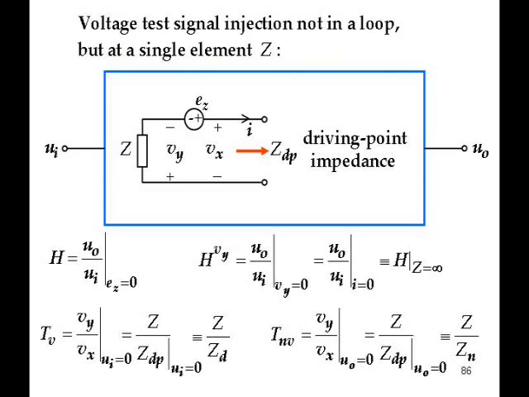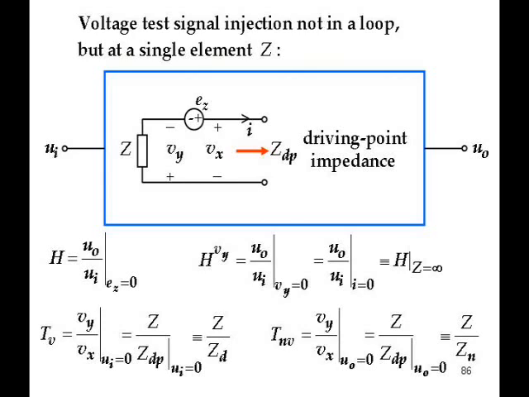So H with Vy nulled is the same as H with Z infinite. If I is 0, the circuit doesn't know what's outside, doesn't know whether there's a Z there or not. So that's simply a change of definition.